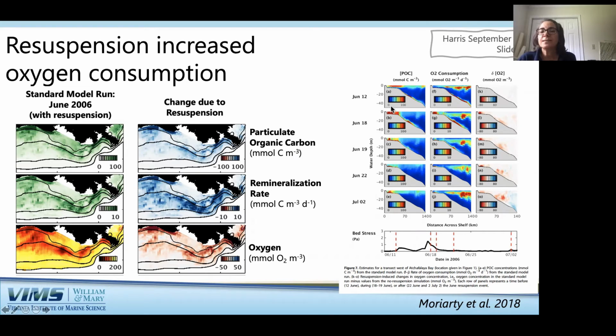They are taken before a storm wave event, right after a storm wave event, and then as the wave event relaxes. At the peak of the wave event, we're putting a lot of POC in the water column through resuspension, and that causes oxygen consumption to peak in the bottom boundary layer and draw down oxygen. Then as the waves die out, that bottom boundary layer sediment signal shifts offshore.